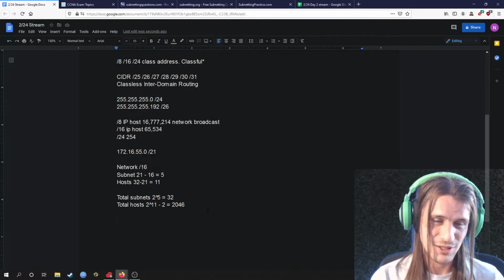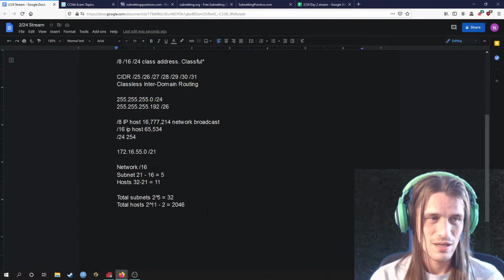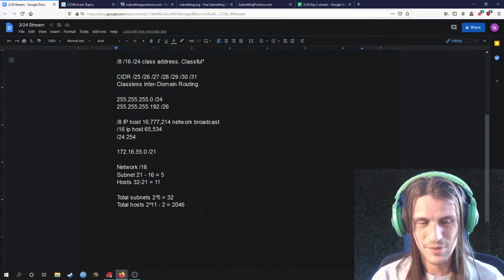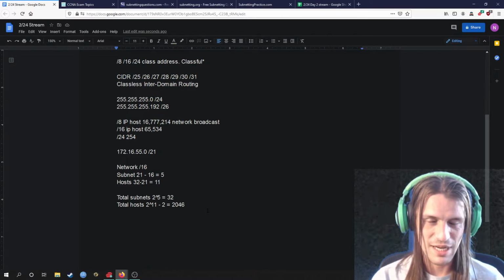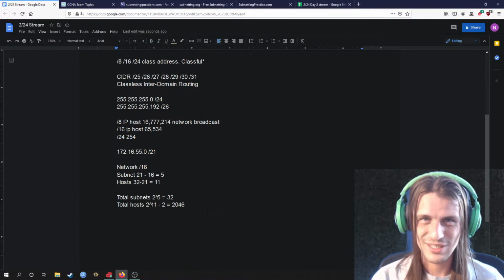There's so much more complexity in how to do variable length subnet masks. So I'm just going to work on it a little bit at a time.